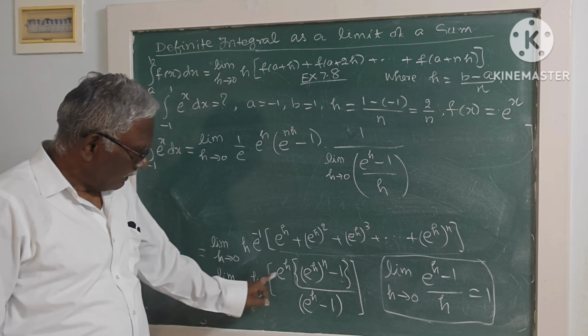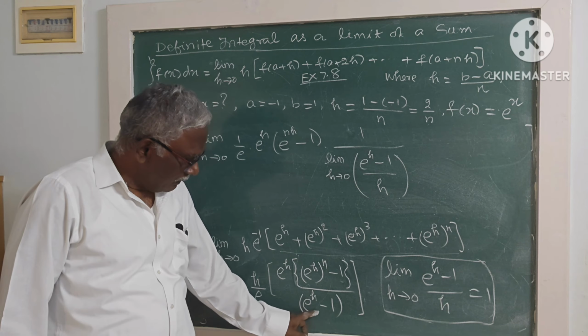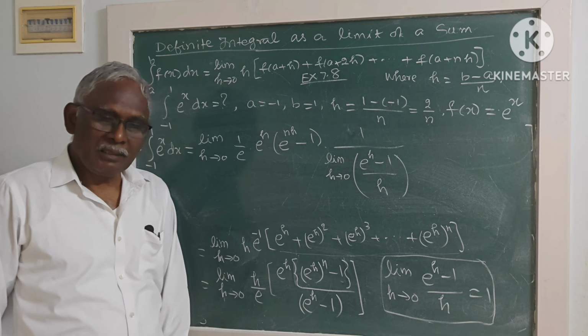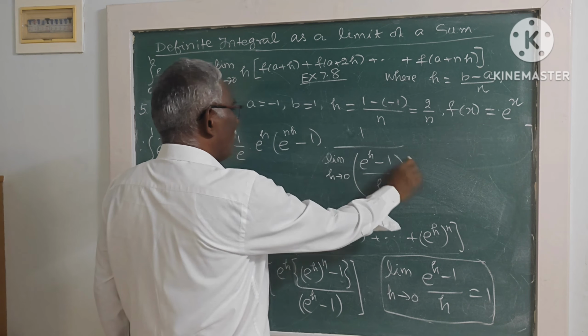So this h I have taken to the below, this e power h minus 1 by h. Now this value becomes 1.